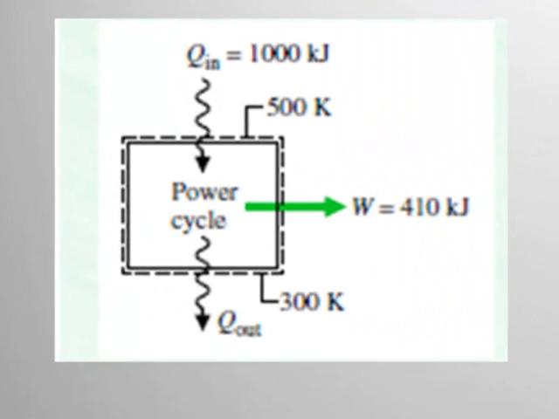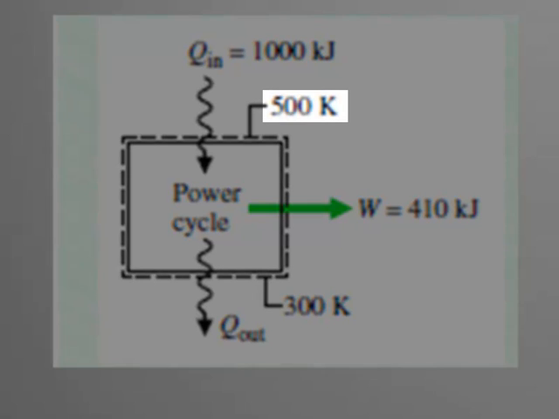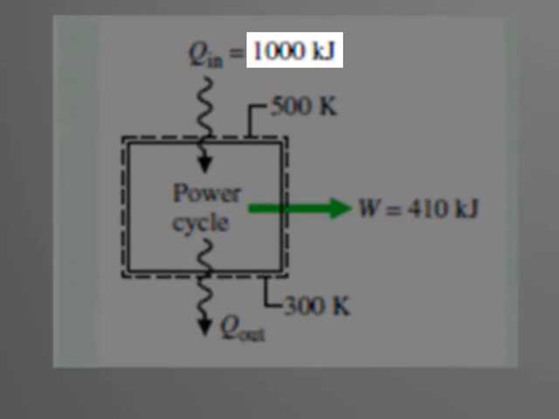Now let's look at the diagram. Now the diagram has put all the information together. At the heat source, we have a temperature of 500 Kelvin, and then the heat input as 1000.